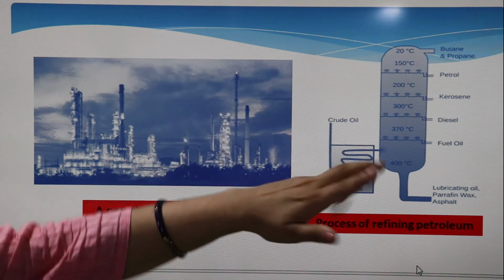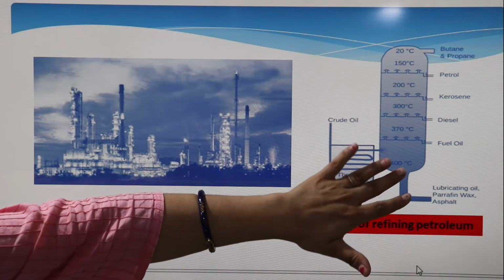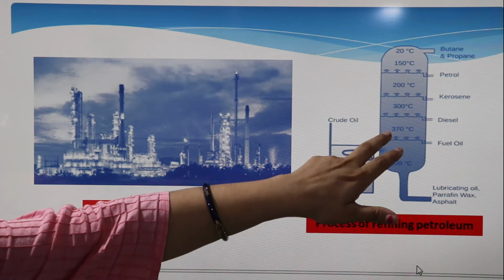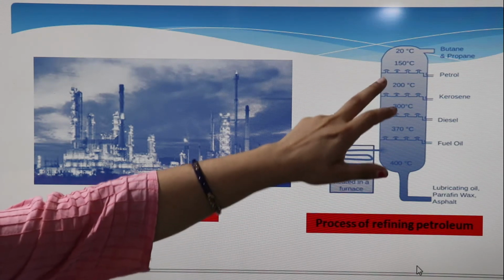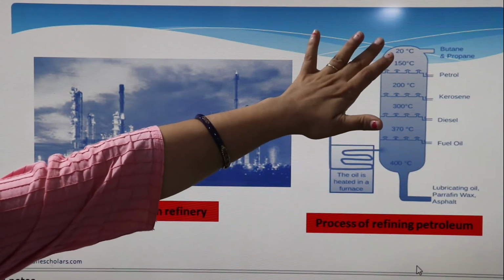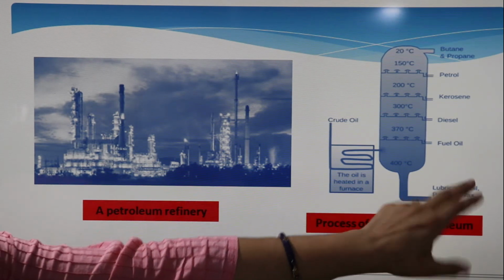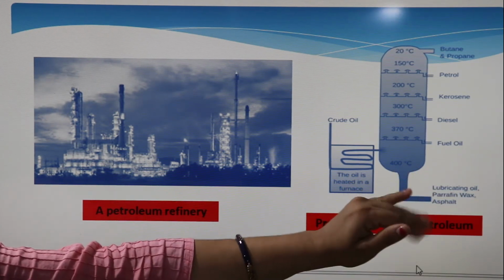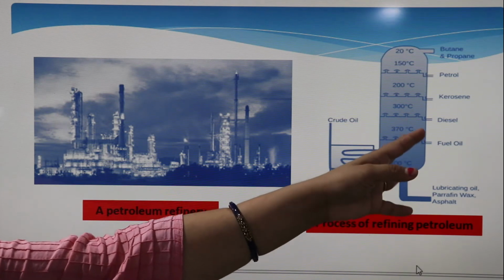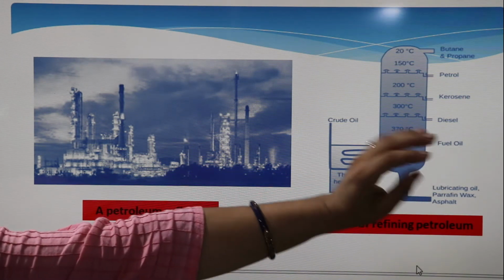Here you can see that at different temperatures, at 400 degrees C, 370 degrees C, 300 degrees C, 200 degrees C, 150 degrees C, 20 degrees C, different constituents of petroleum are being produced. Here you can see lubricating oil and paraffin wax. At 370 degrees C, fuel oil is there.